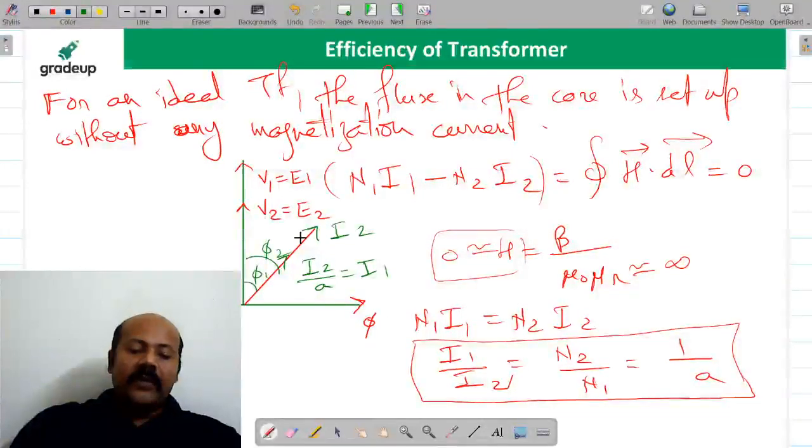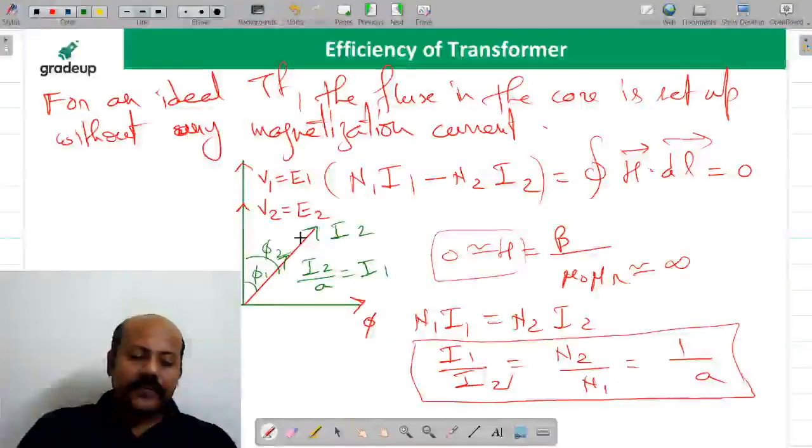All of you, please tell me, are you comfortable with this understanding of the ideal transformer? Please tell me quickly.